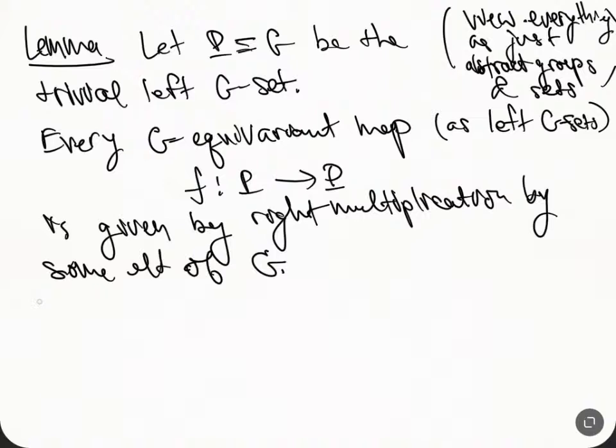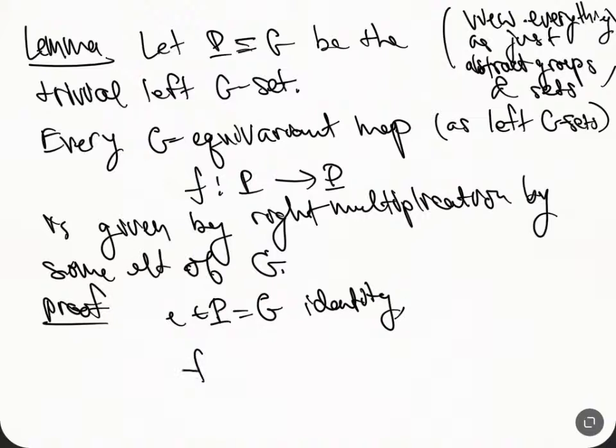So the proof of this is really easy. So what do we do? We have P, this is G. It has the identity element, so this is the identity element. And the identity element is sent to some element. We'll define the element that it's sent to by g. Now we look at how this acts on a particular element p. We take p arbitrary, f of p.